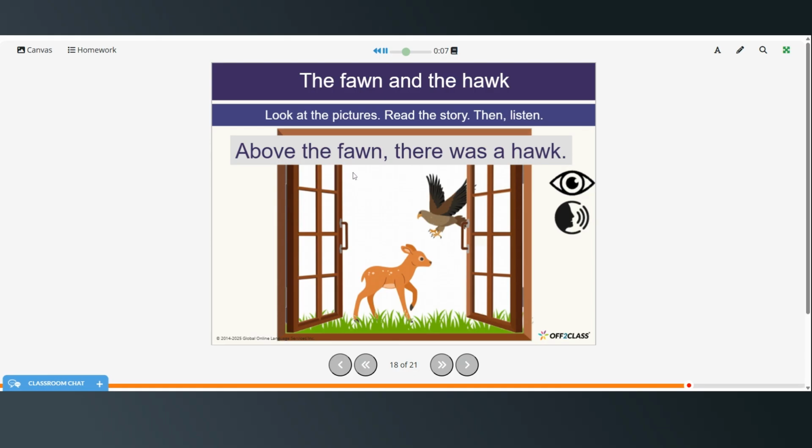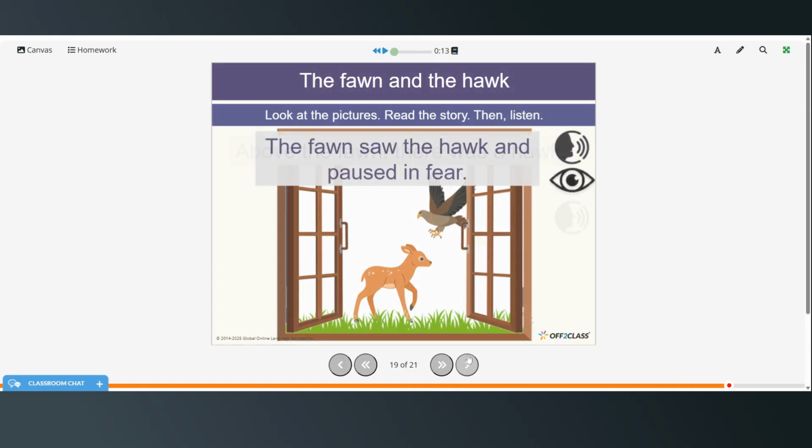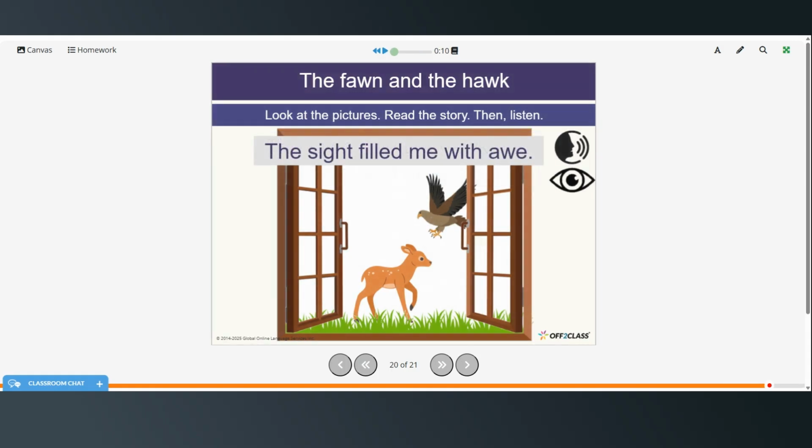Above the fawn there was a hawk. The fawn saw the hawk and paused in fear. The sight filled me with awe.